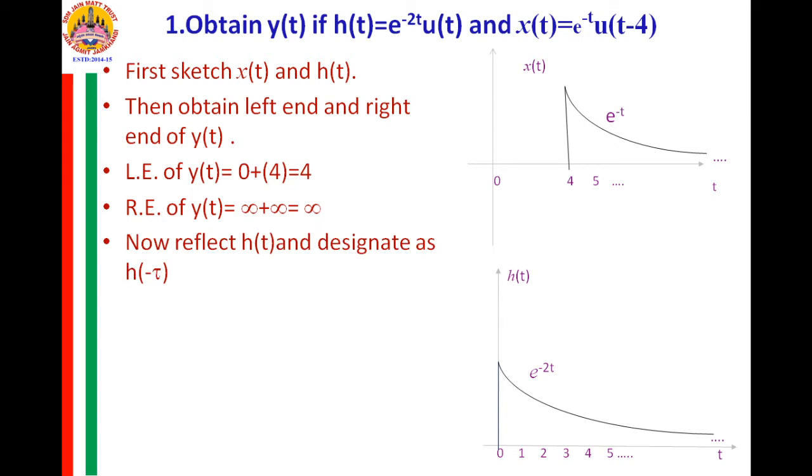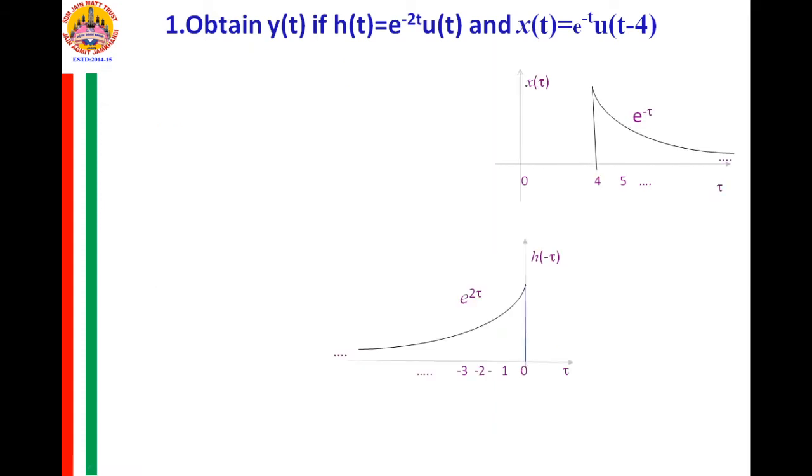Now we reflect h of t about the origin and obtain h of minus t and then designate it as h of minus tau. We will sketch back this x of t also with respect to tau and redesignate it as x of tau. So I have sketched here this x of tau and this h of t, which is reflected and redesignated as h of minus tau.